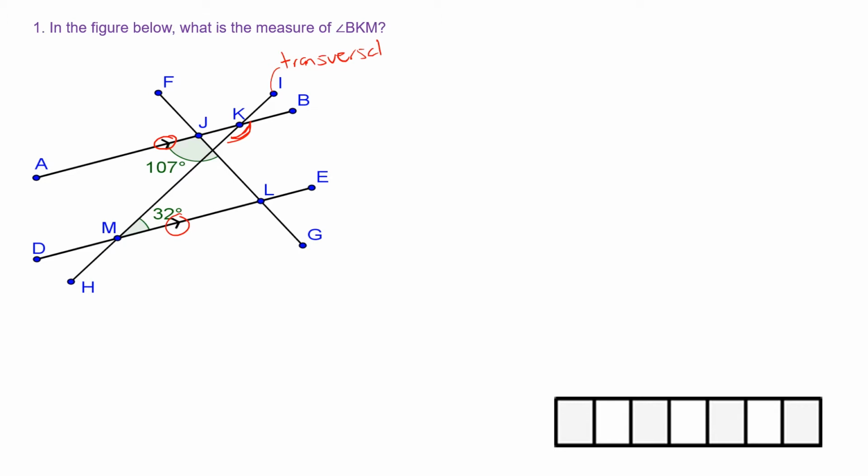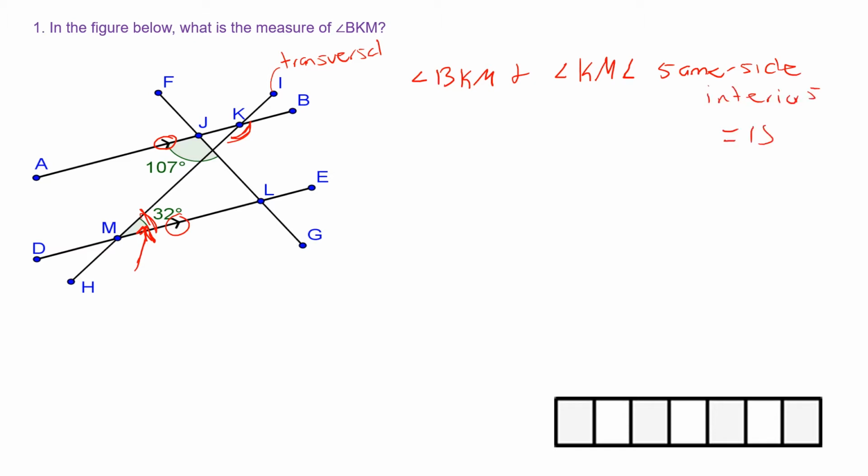So that would make angle BKM and angle KML right here. Hopefully you can see my arrow there. Angle BKM and angle KML are same side interior. And if you remember, same side interior angles are equal to 180 degrees.